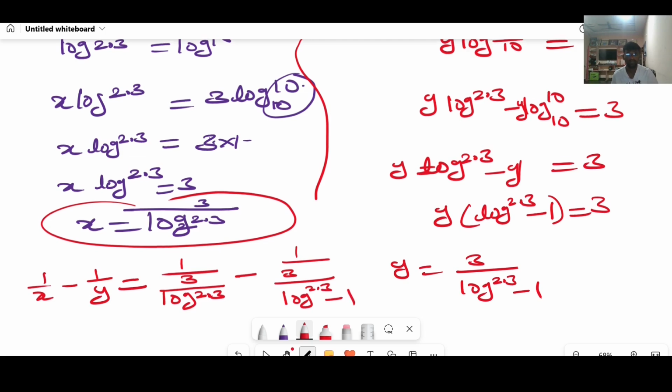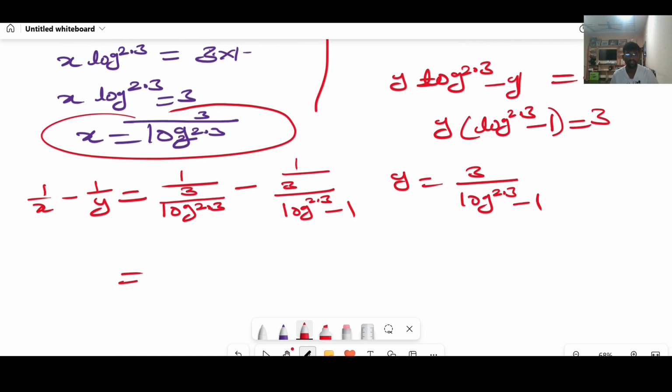Right now it comes to the numerator: log 2.3 by 3 minus (log 2.3 minus 1) by 3.